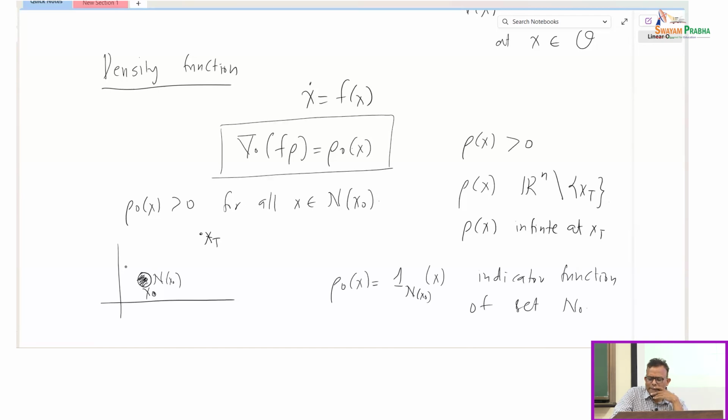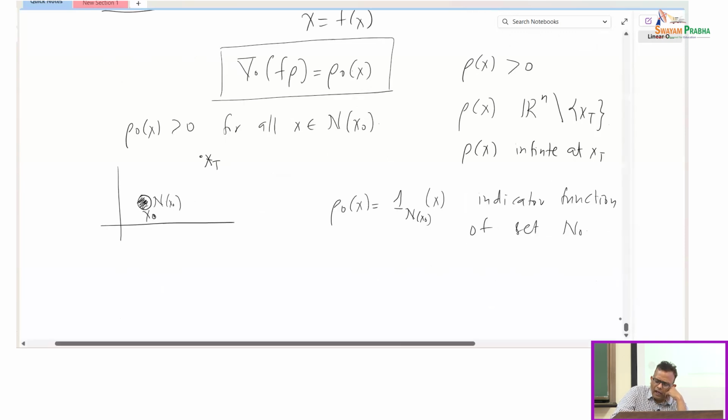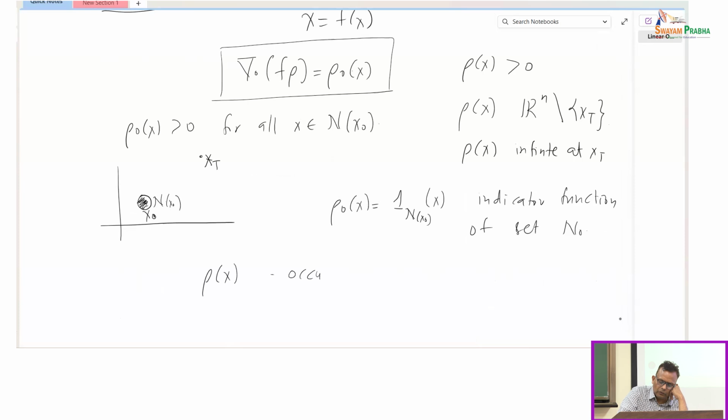Now, if you actually solve this for some positive rho, then this rho actually has some nice physical interpretation. So rho of x is an occupation density.